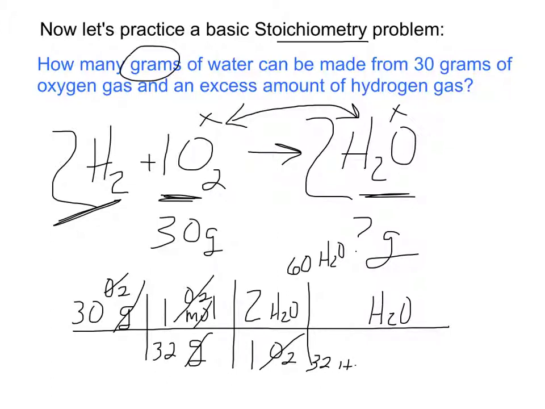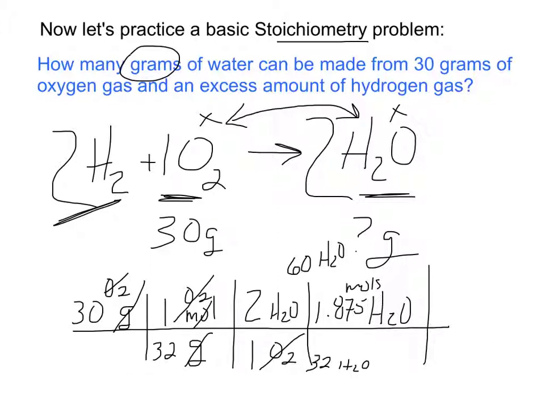So if I do my math here, 60 divided by 32, let me get my calculator out. 60 divided by 32 equals 1.875 moles, because I'm still in the mole area of water.